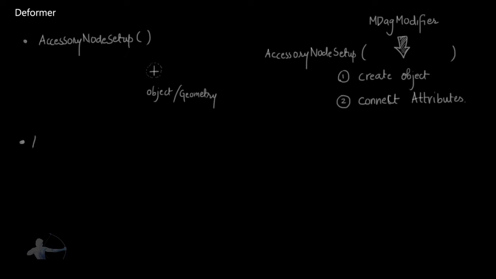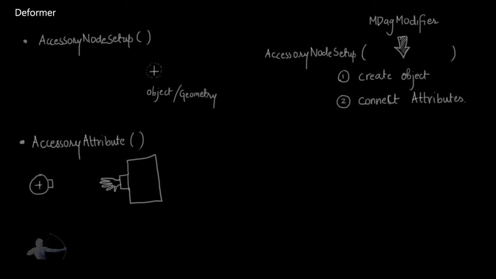The second function is accessory attribute, and this function is used to return the handle of the attribute to which the world matrix attribute of the accessory object is connected.